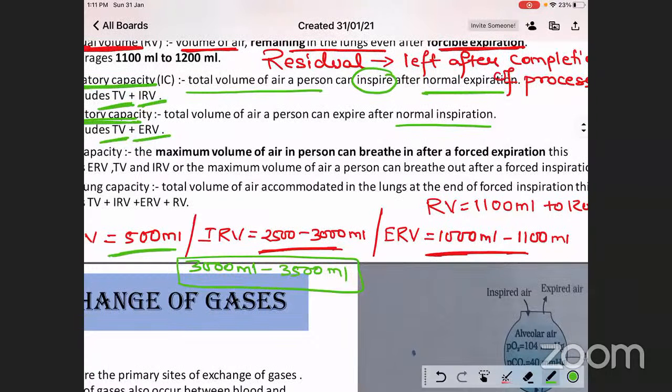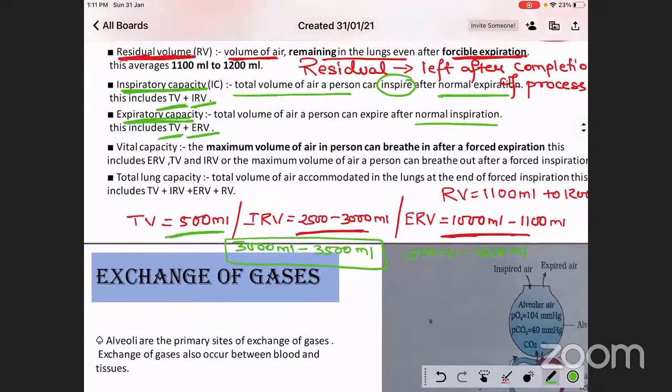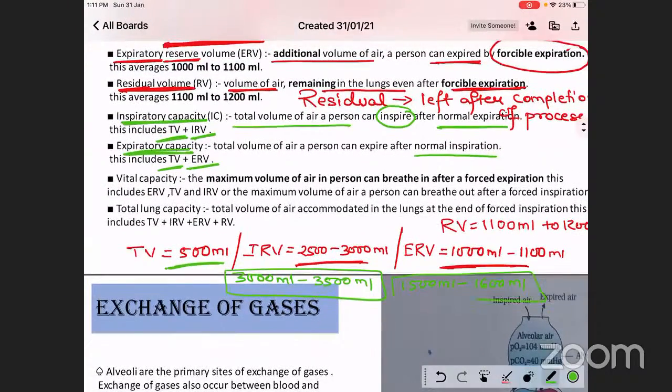So this will come around 1500 ml to 1600 ml. So this is the expiratory capacity. Okay, you have to remember this.